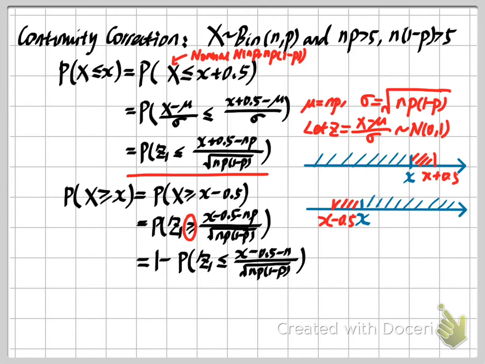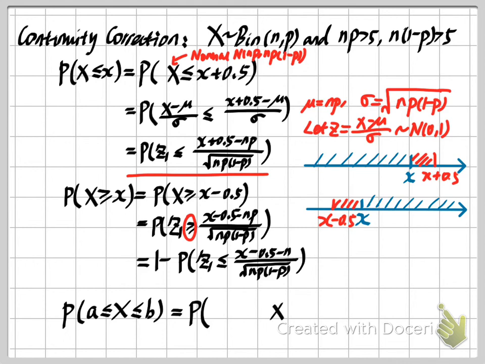Before the end of the video, I want to cover the last case, which is when X is between two values. For example, X is larger than a and smaller or equal to b. What we want to do, you can guess, is still enlarge this range.